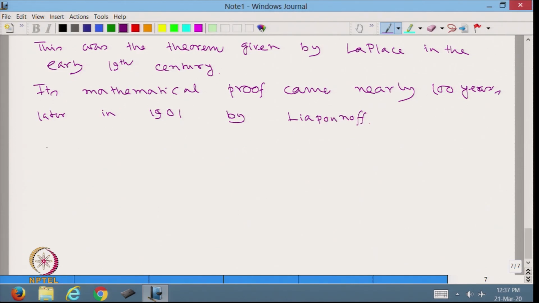But that is a rigorous proof. In this class, we shall look at some simpler versions.